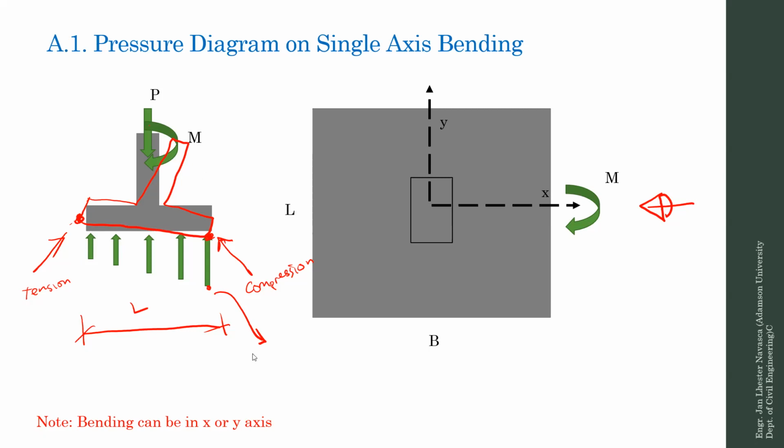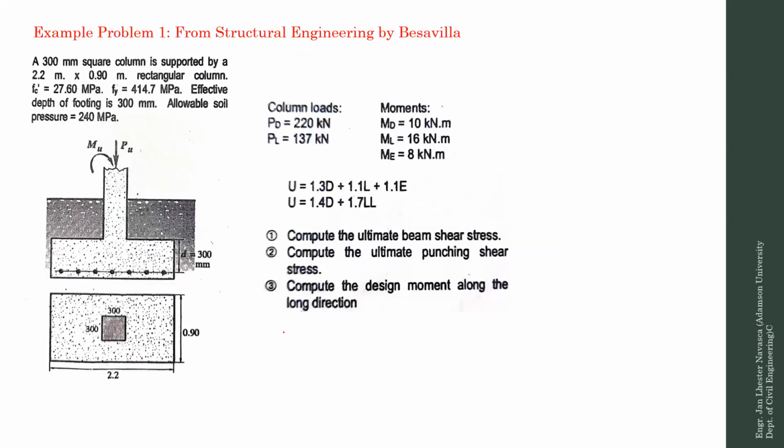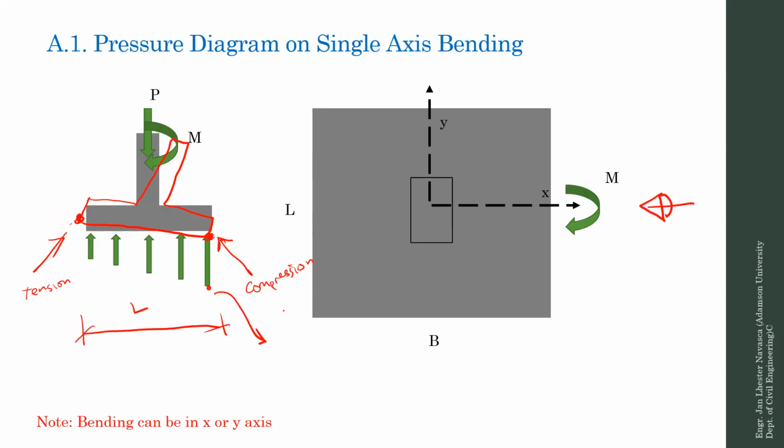This part is both compression, because of the compression due to the axial load and due to the compression moment. Both will add, so we just include the signs. The axial is negative, and the bending in compression is negative too.